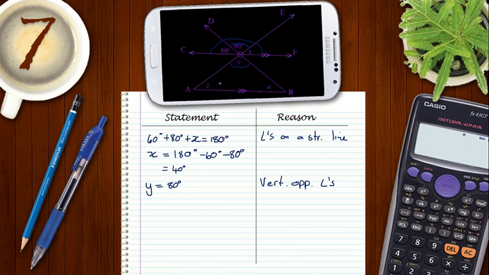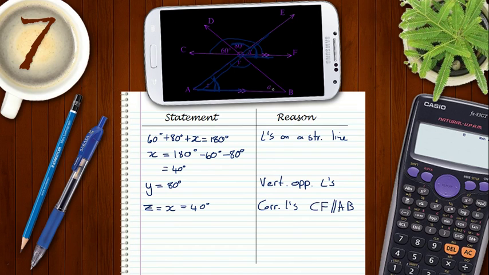Then Z. Now Z forms an F over here. So this angle over here is equal to this angle over here. So Z is equal to X, which is equal to 40 degrees. And our reason is corresponding angles. And then we have to state that CF is parallel to AB.